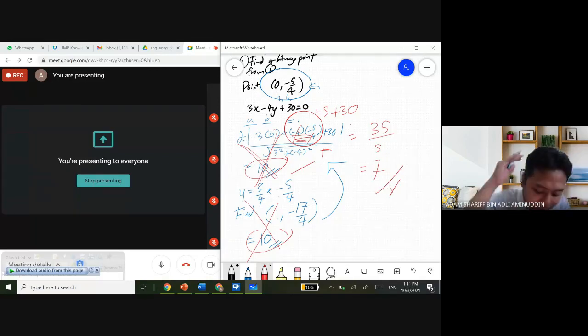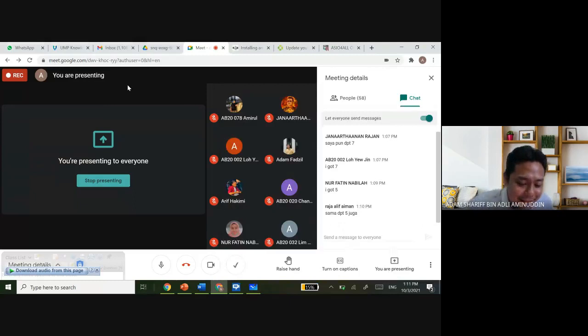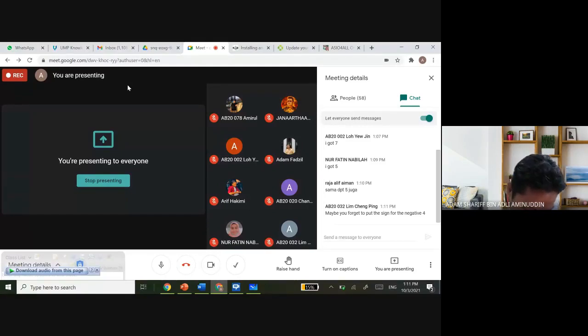Yang dapat 5 tu jangan malu. Kalau tak malu, boleh tunjuk jawapan, kita boleh tengok mana silap. Sharing is caring. Dapat 5 juga. Alright, kita tengok Fatin dapat 5. Negatif. Betul.